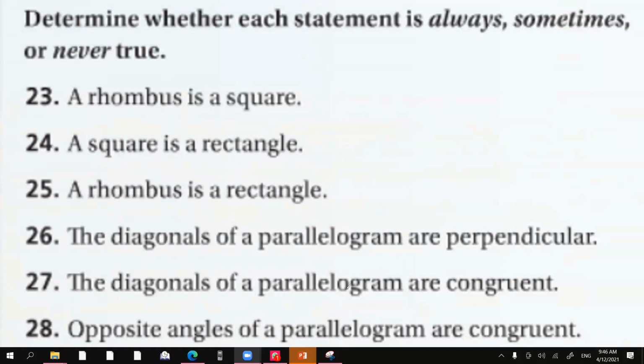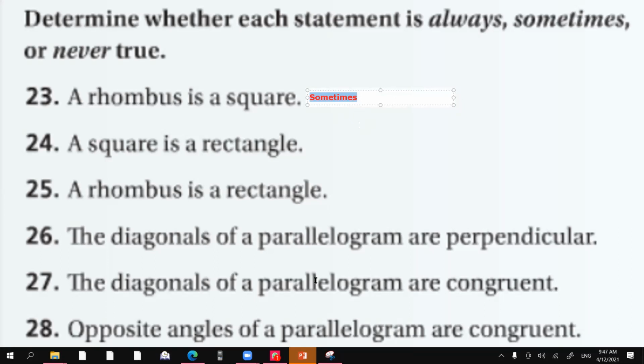Sometimes. The rhombus has congruent sides, but it doesn't have right angles. So how do we say sometimes?